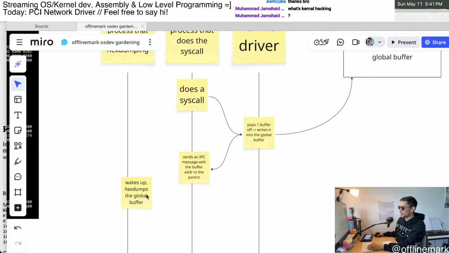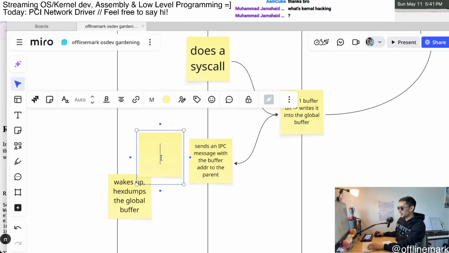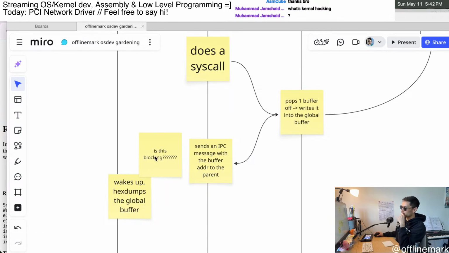And I don't remember if this... Wait. Is this blocking? That's the question. It would seem as if it's not blocking.